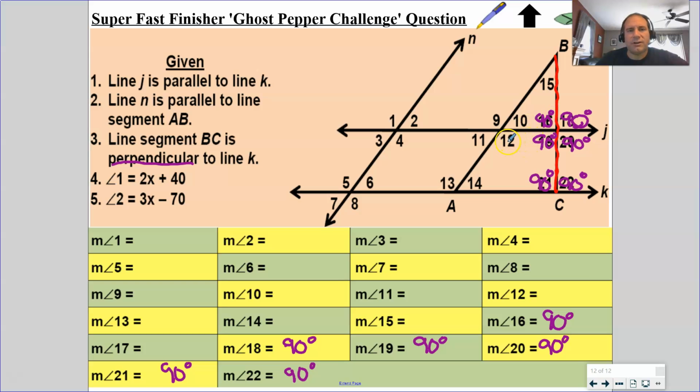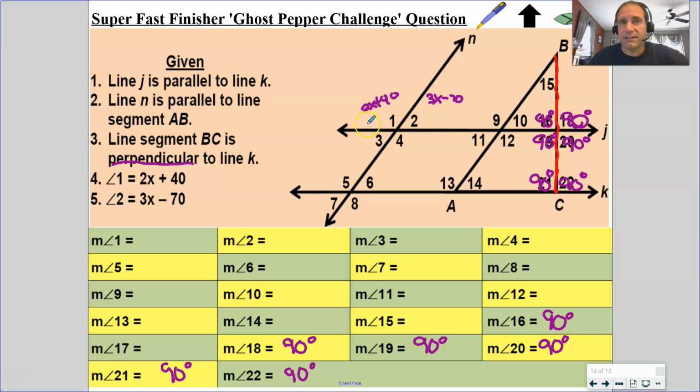Okay, so let's talk about what's going on here. 2x plus 40 is here, so I'm just going to squeeze that above, and I know that 2x plus 40 is angle 1. And then angle 2 is 3x minus 70. They give you 1 and 2.